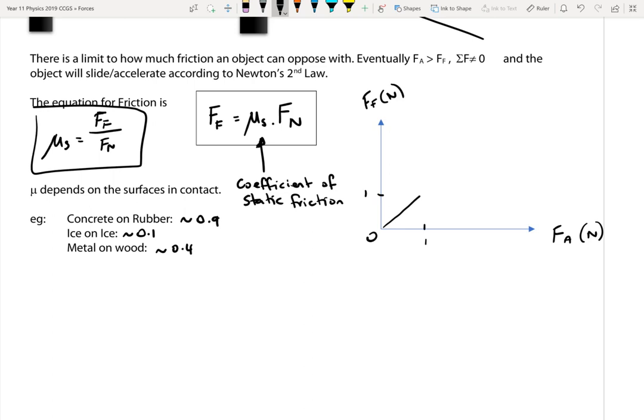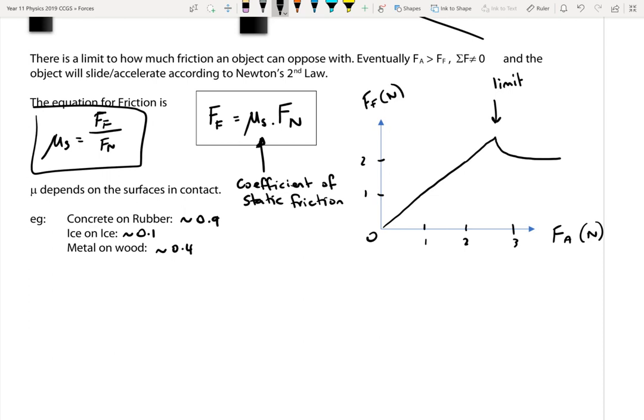So I said, let's go to 2 newtons. And wouldn't you know it, the book was also able to oppose 2 newtons. And then I opposed 3. Then it got to some limit, some maximum value of friction beyond which it could not oppose the applied force. And it actually drops down a little bit, and then it just travels off.